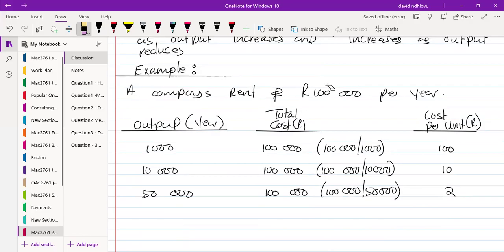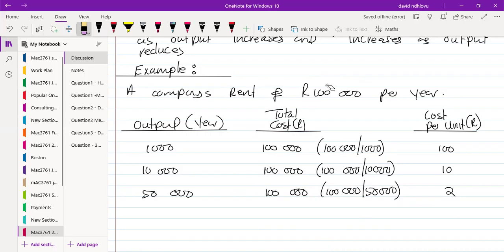The reason is that as we produce more units, we are spreading the fixed cost total of 100,000 over more units. Hoping that the variable costs are consistent, our product will become cheaper as we produce more.